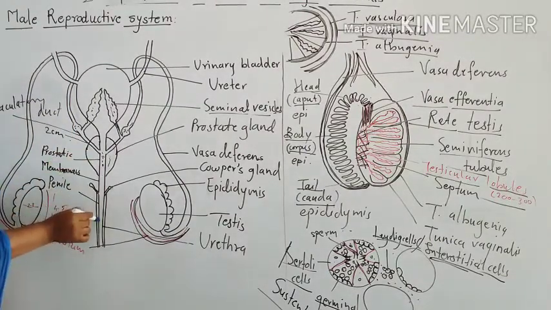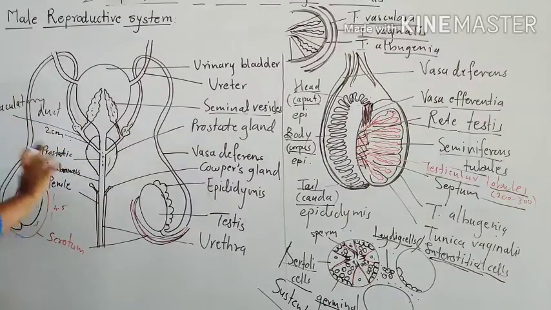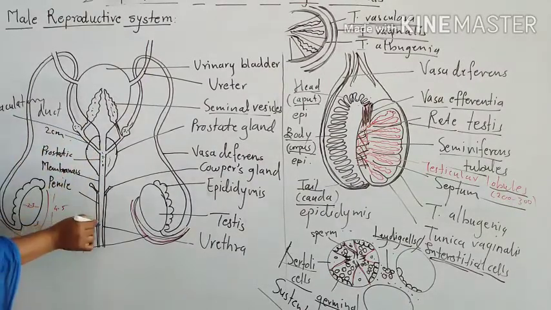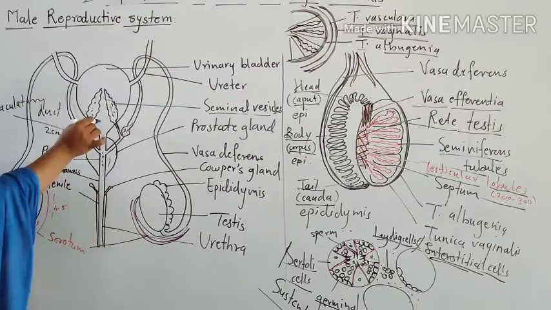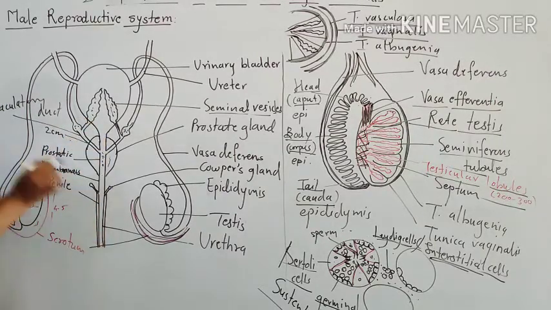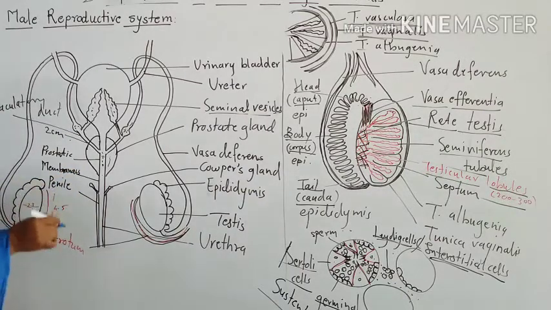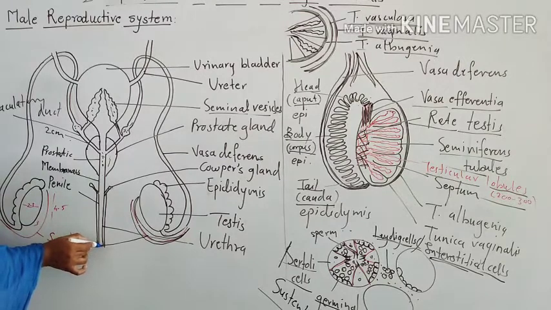Here the urethra is single; all the other parts are paired, but the urethra is single. It runs from the urinary bladder and opens at the tip of the penis by an orifice called the urethral orifice.